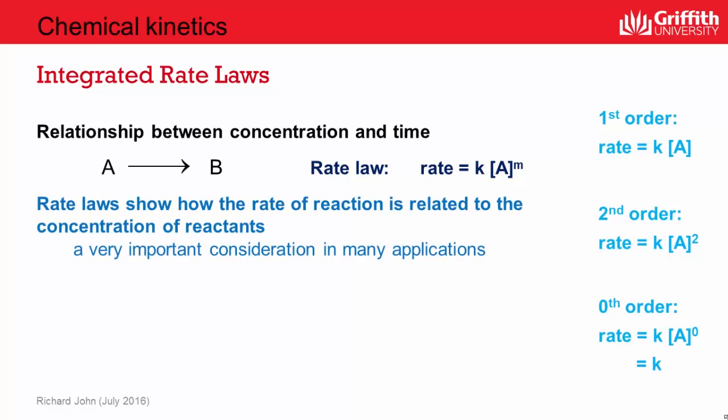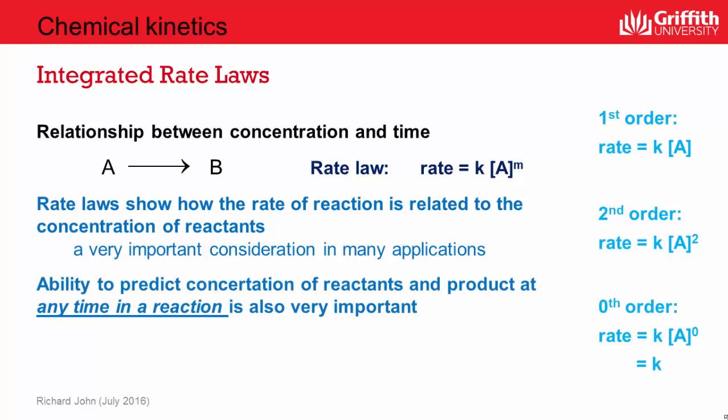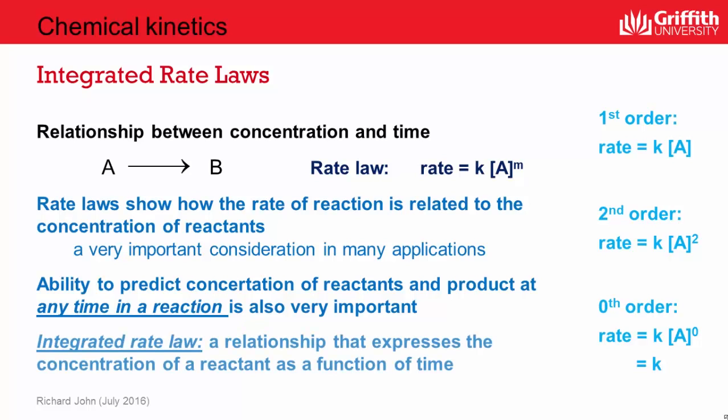Now, what rate laws actually do is show how the rates of reaction are related to the concentration of reactants. And while this is very important in many industrial, environmental, and biomedical applications, it's also just as important to be able to predict the concentration of a reactant or a product at any time during a chemical reaction. So an integrated rate law will allow us to do this.